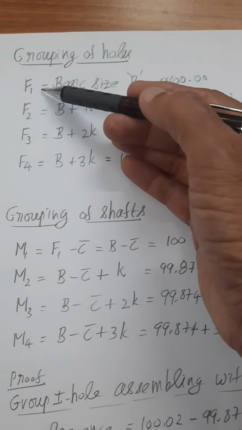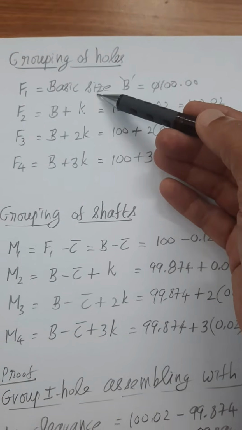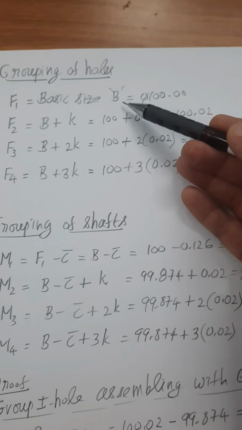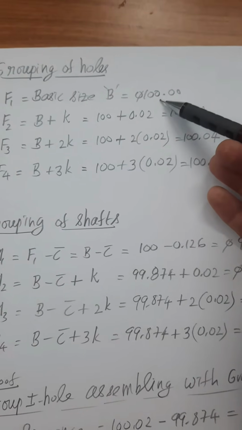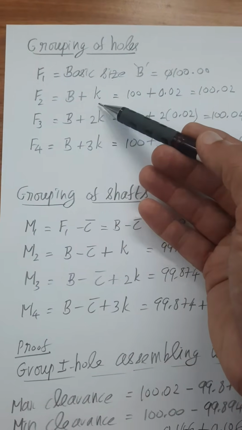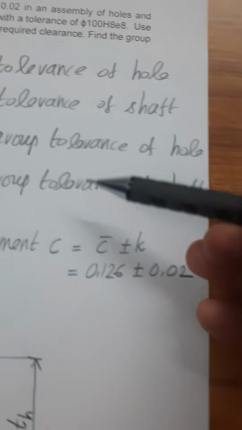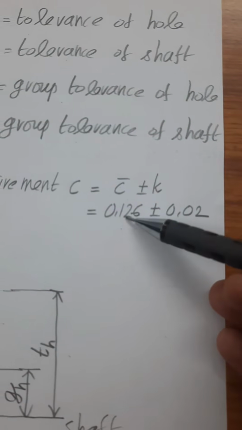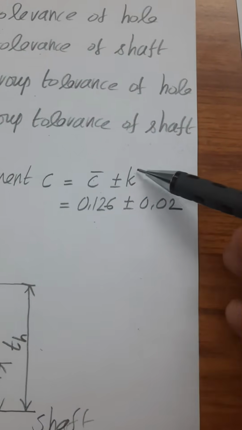F1 is the basic size, B. So the basic size of the hole is 100. So F1 is 100. F2 is B plus K. So what is K here? My requirement is to achieve a clearance of 0.126 plus or minus 0.02, so 0.02 is the K value in this problem.